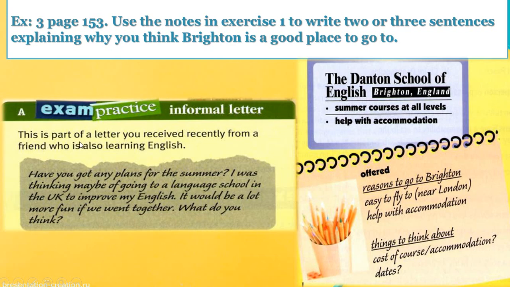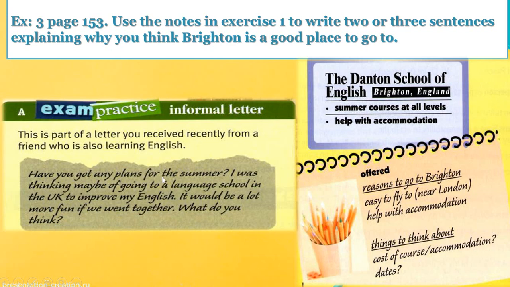Here, this is a part of a letter you received recently from a friend who is also learning English. And you have to answer your friend's questions and write why Brighton is a good place. First of all, let's read the letter of your friend.